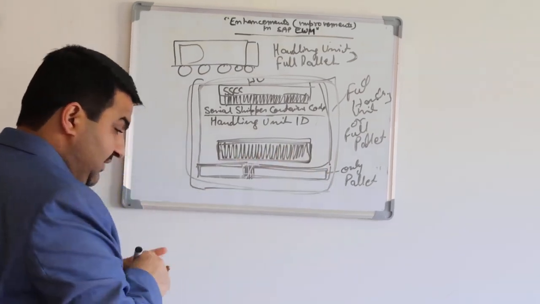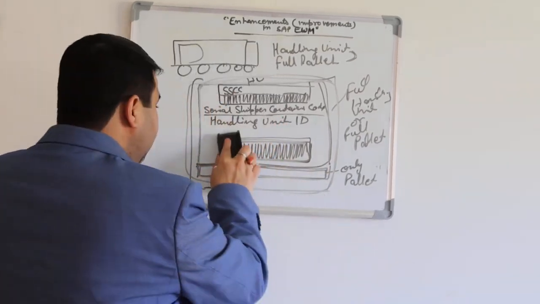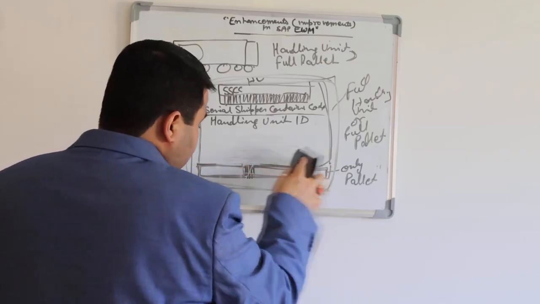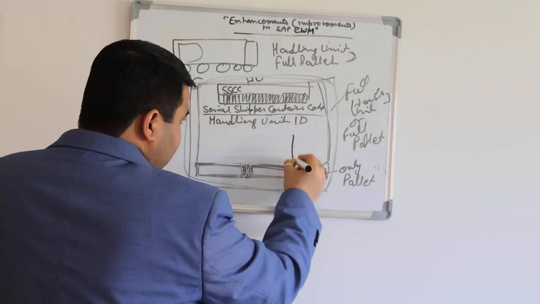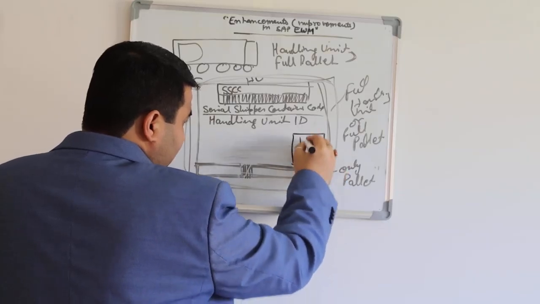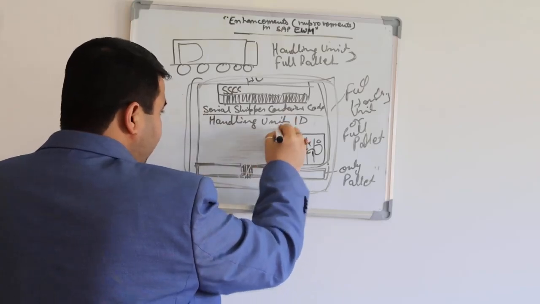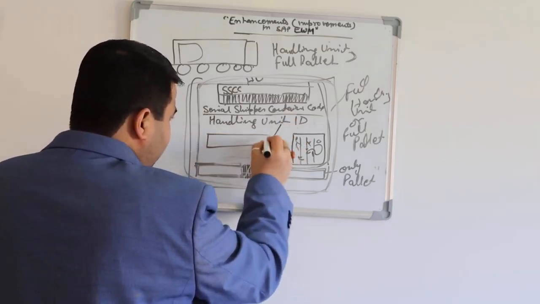Or another example I will give you: the vendor also started sending us a barcode in a square format. Nowadays we have some kinds of barcodes in this format. Simple.